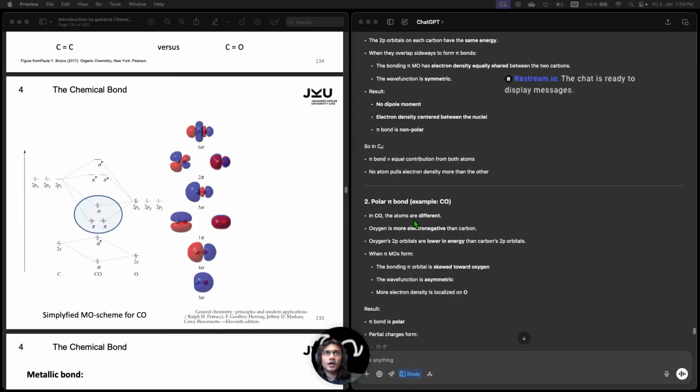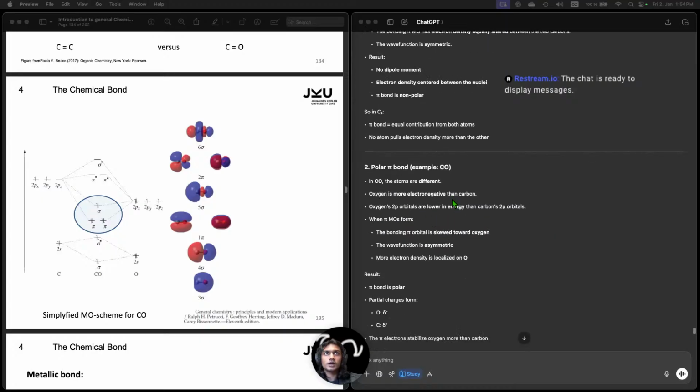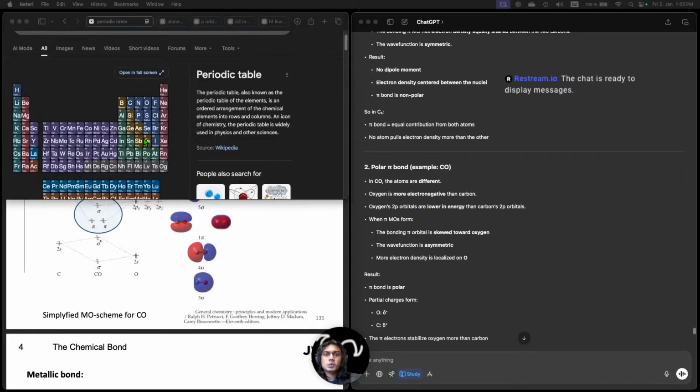In CO, the atoms are different. Oxygen is more electronegative than carbon. Oxygen's 2p orbitals are lower in energy than carbon's 2p orbitals. Why? 6, 8, 2.